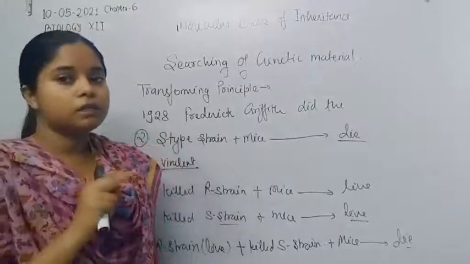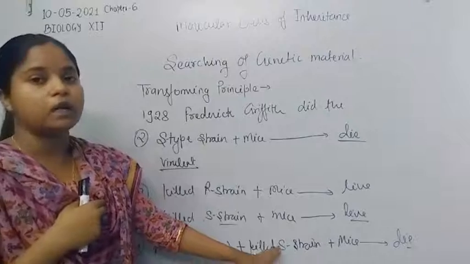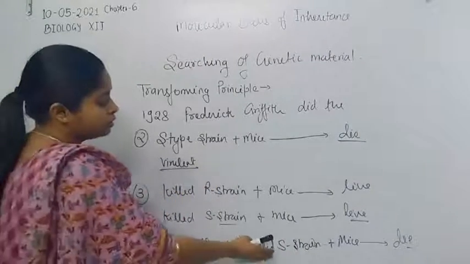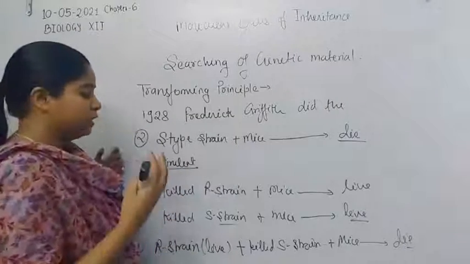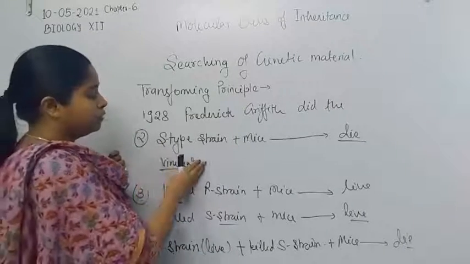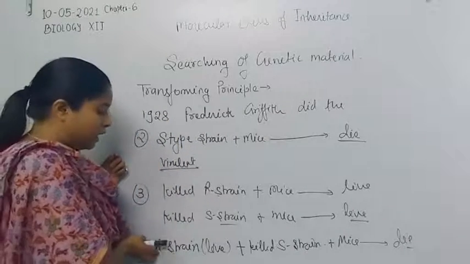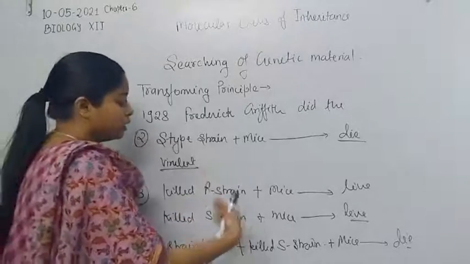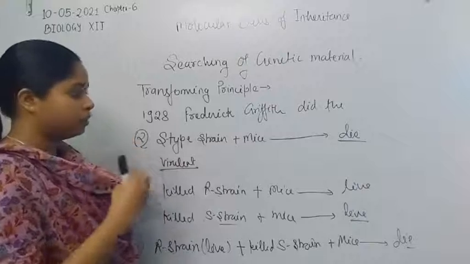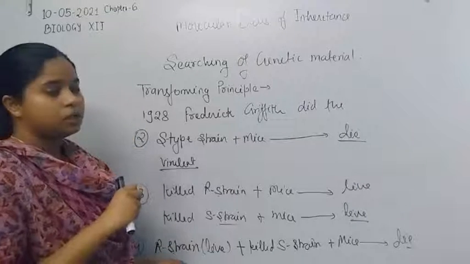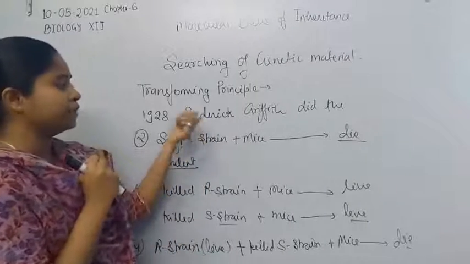So there is only one difference between the two types of bacteria, the R and S strains, and due to the synthesis of mucopolysaccharide they are able to cause the disease in the mice. According to the Griffith experiment, the R strain is converted into the S strain and is able to synthesize the mucopolysaccharide, but what makes them into the S strain was not given by Frederick Griffith.